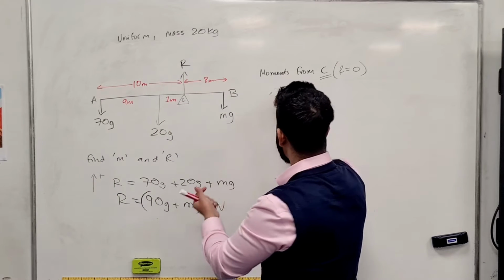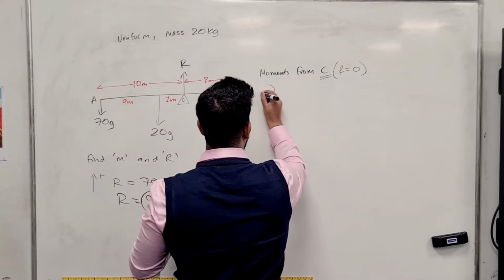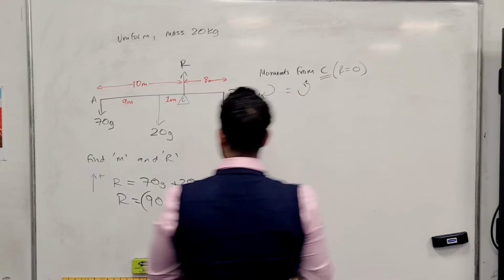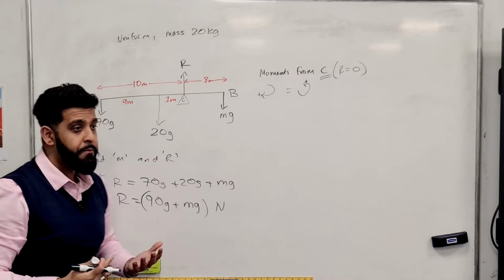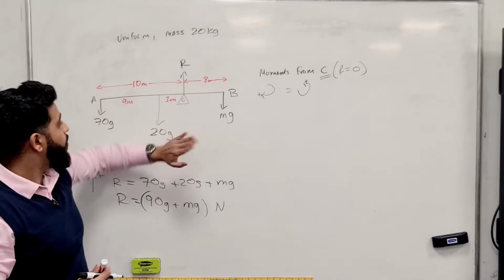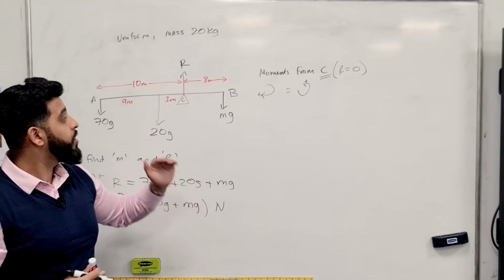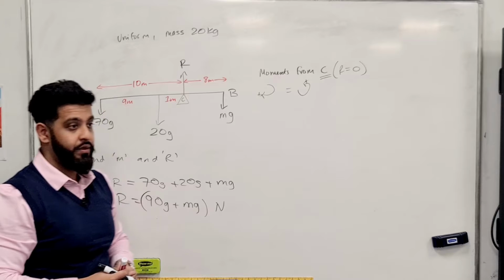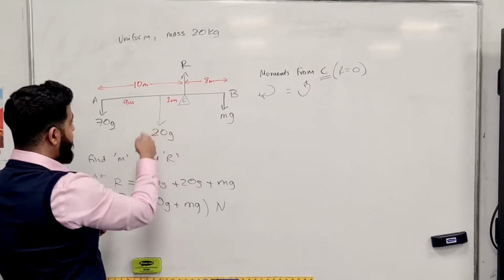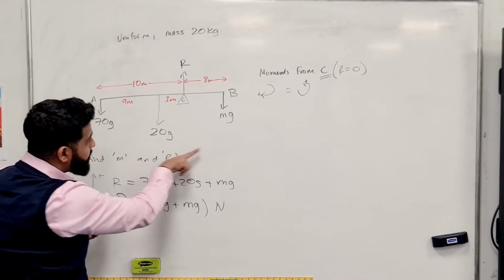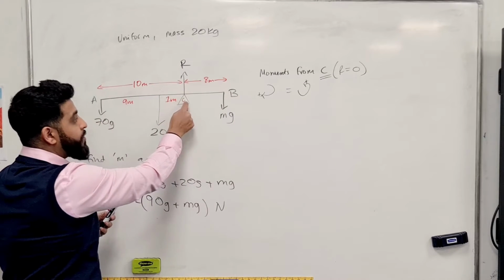So what do we have? Let's go for our clockwise, and we are going to make it equal to our anti-clockwise. So the first thing we need to decide is which of these forces are clockwise and which are anti-clockwise. Let's start with this 20 here. This 20 is going down and it's going to be going around this point here.